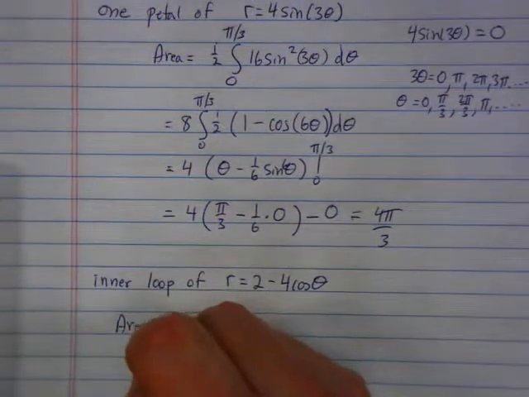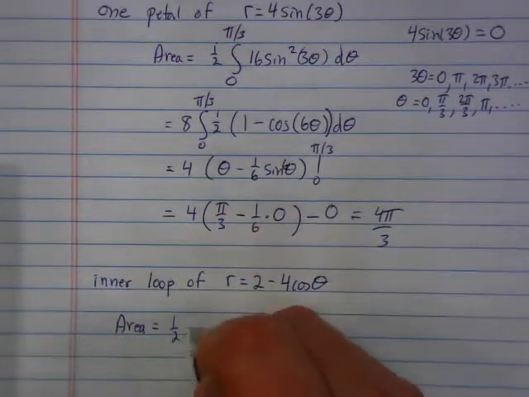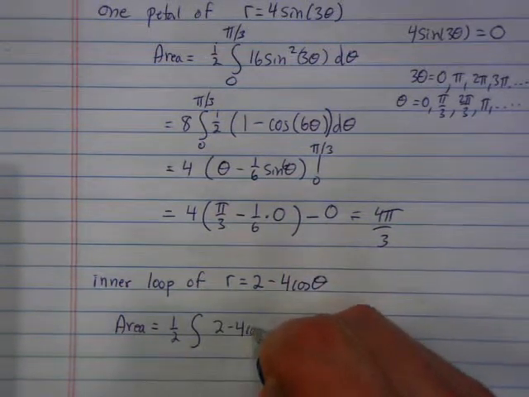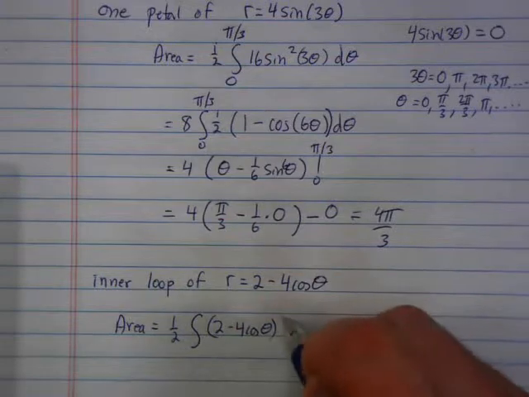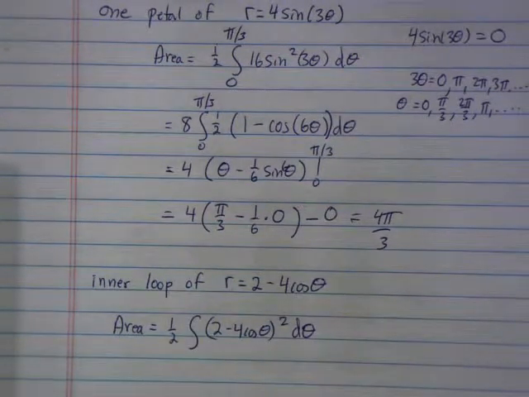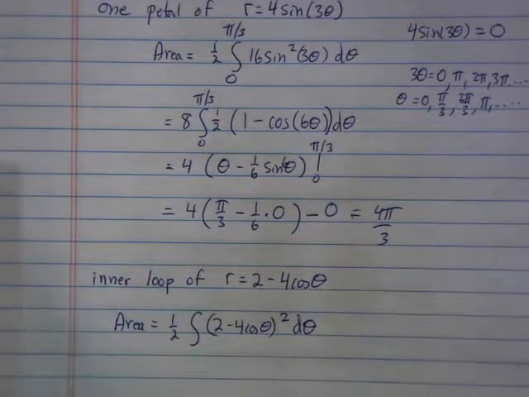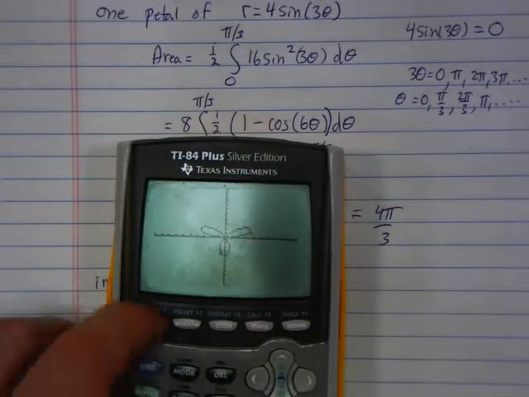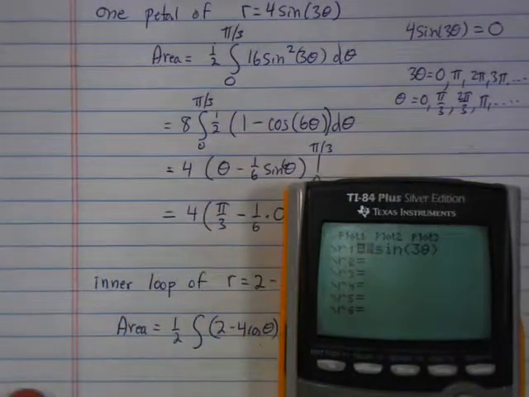The area is 1/2 the integral of the radius, 2 minus 4 cosine theta, squared d theta. Once again, the hard part is determining what values do I use for theta. So I go to my calculator and I draw myself a picture.